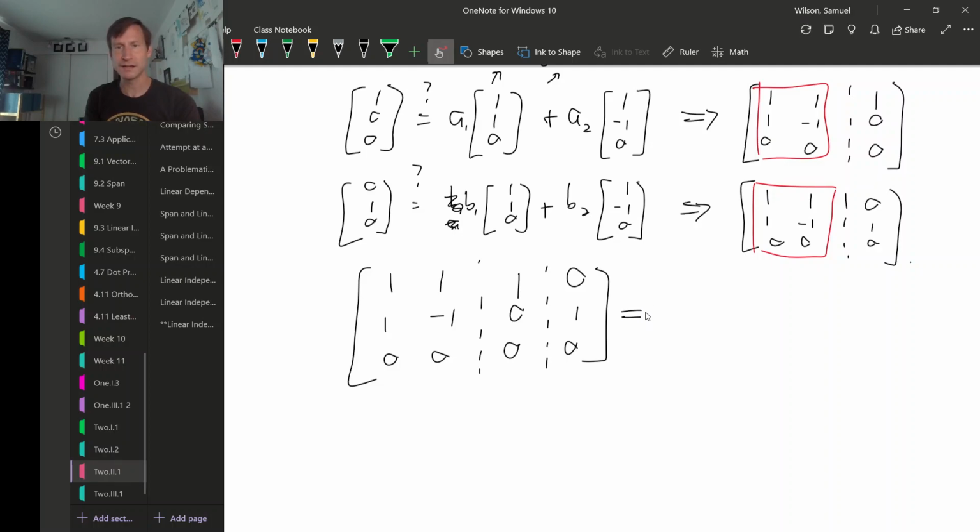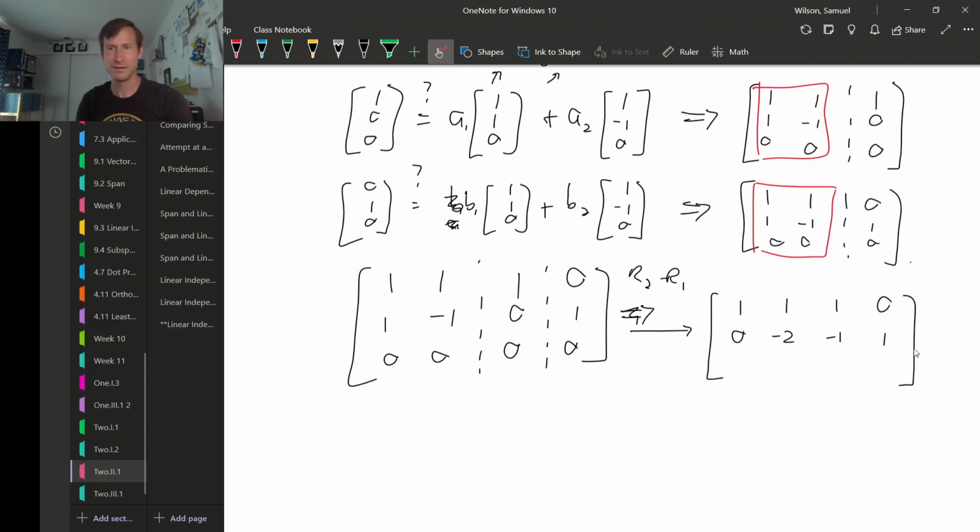So what are we going to get? Let's see. I guess we need to do R2 minus R1. That's going to give us 1, 1, 1, 0, and then 0, minus 2, minus 1, 1. And then 0, 0, 0, 0, of course. And now we can do R2 times minus a half.